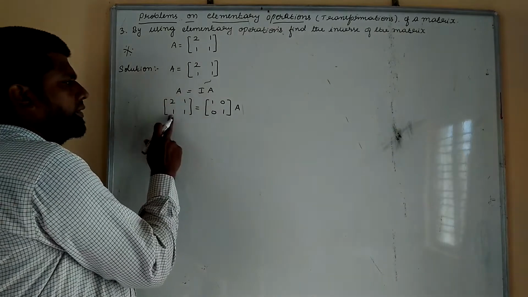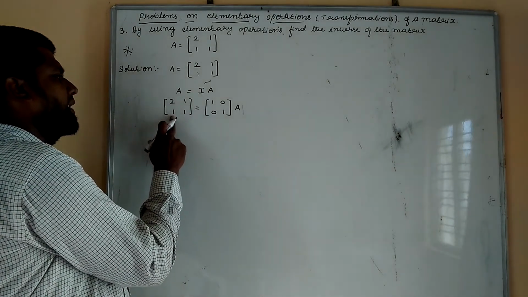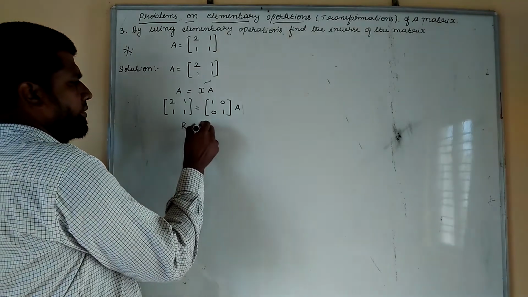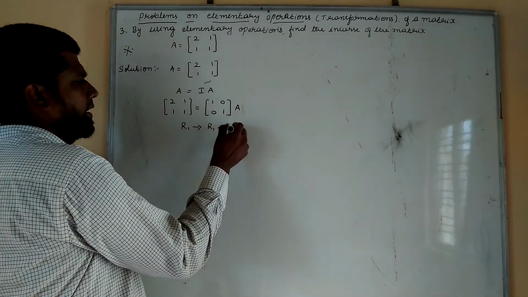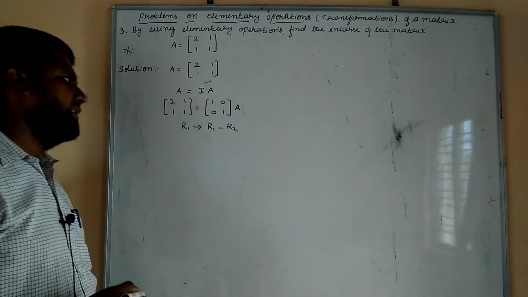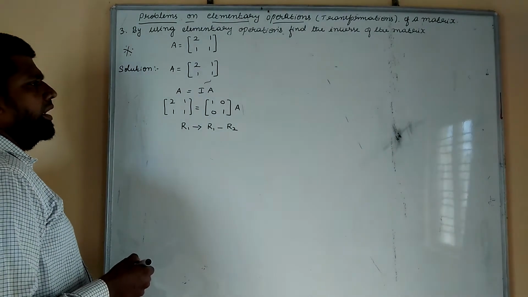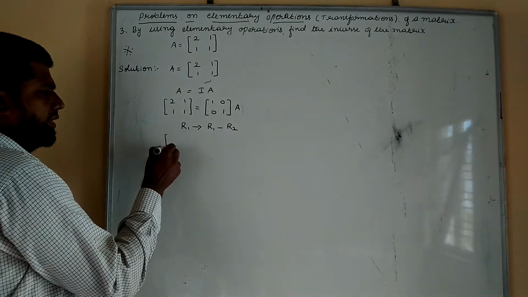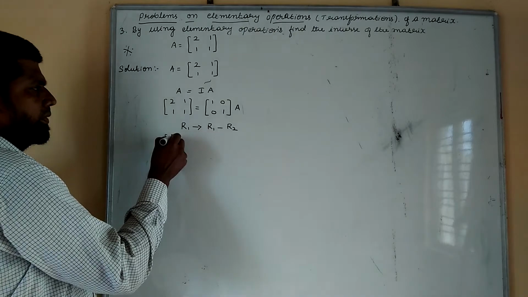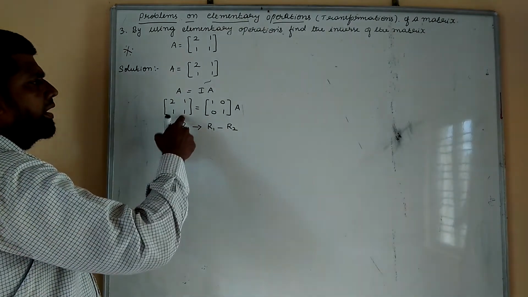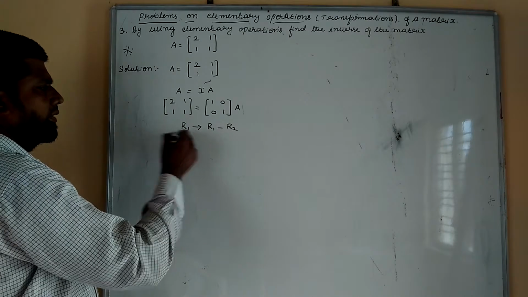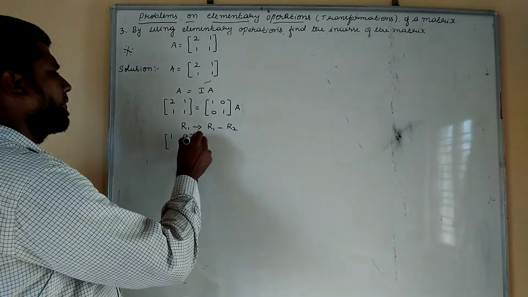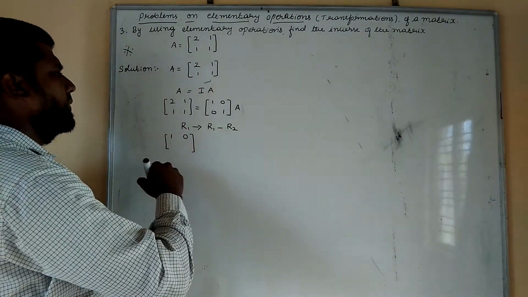In the last previous problem we had changed R2. Now let us change the first row: R1 changes to R1 minus R2. No need of multiplying any scalar multiple to a row. So for R1: 2 minus 1 is 1, 1 minus 1 is 0.